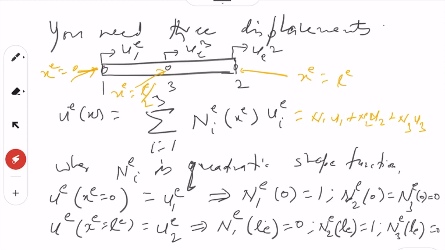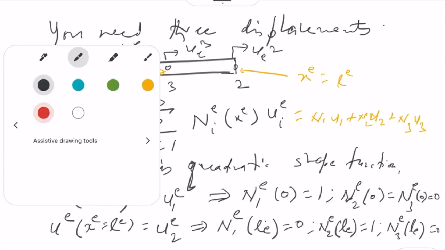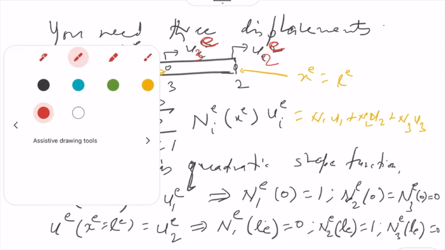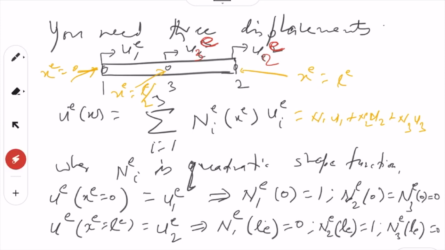Just a minute, guys, here we should have written e here and 3 here. Similarly, this is e, this will be 2 here. So, these are the conditions that we have to fulfill.